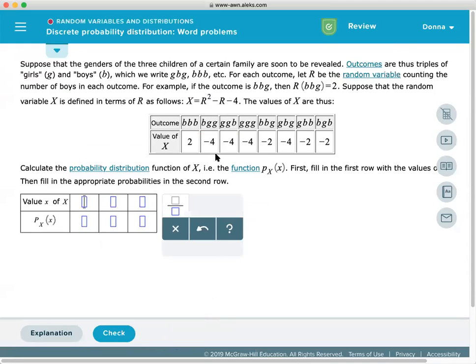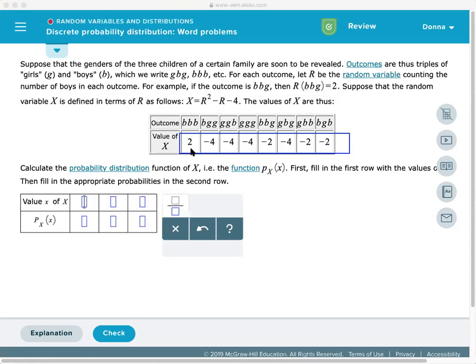So again, in this one, the random variable is associated to the outcome of a girl or a boy. And then they also have a random variable X that's given by this computation. So since they give us the values, we don't need to plug in or do any substitution. They already give us the values of X. So the values of X are 2, negative 4, and it looks like there's a negative 2.